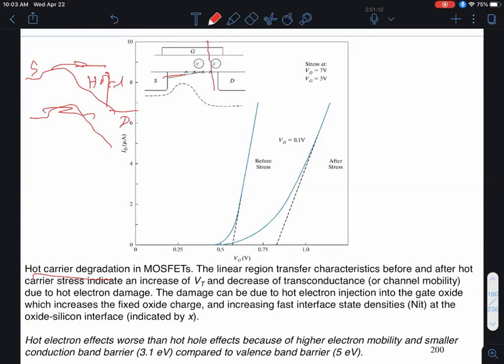Why? Well, if I take a cut like this and I draw the band diagram, in the oxide I have a large energy band gap, while in the silicon I have a lower band gap. So I'm flipping this by 90 degrees, right? If I was to plot the band diagram corresponding to this, that would be my conduction band edge in the oxide, and then that's my conduction band edge in the silicon. So I'm flipping the figure by 90 degrees. That's my EC in the oxide.